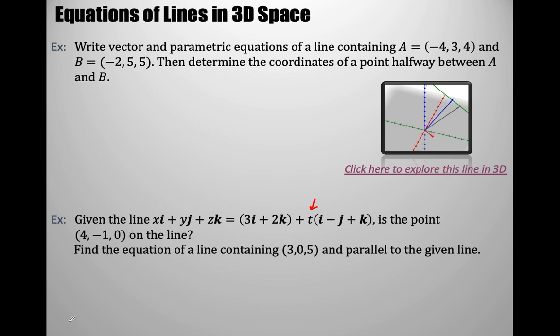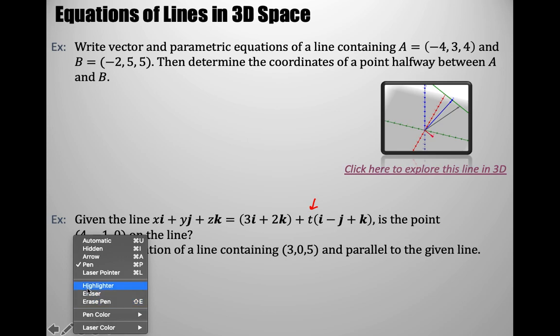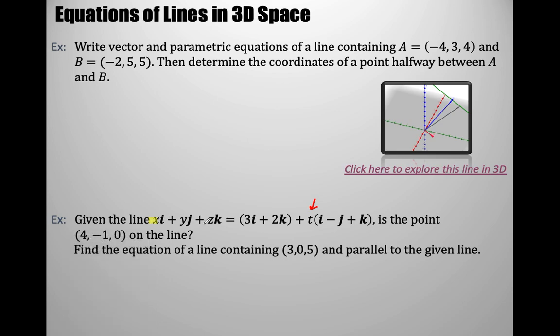So here's x. x is equal to 3 in front of the i plus t times the coefficient of i there, which is 1, isn't it? So I'm going to write x is equal to 3 plus t.